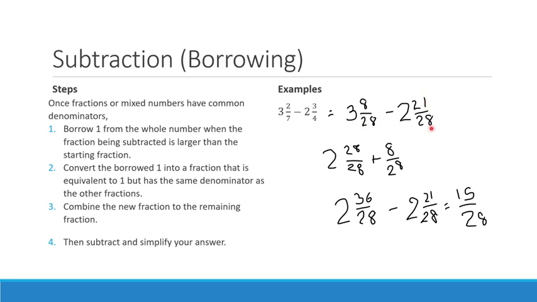Notice in this case that the numerator of the second number is larger than the numerator in the first number. In order for us to subtract 21 from 8, we need to borrow 1 from the whole number. We can rewrite this as 2 and 28/28ths.